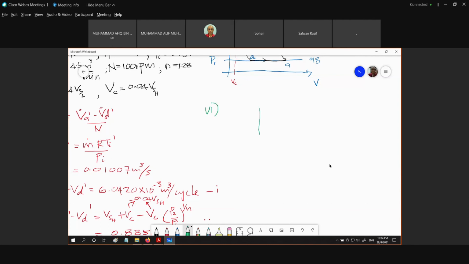So we need to sketch it again to have a better picture of the problem. This is our P, T, same V. This is P1, T1. This is our P2, T2.